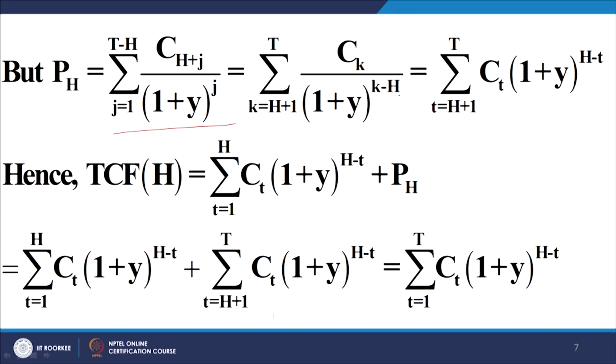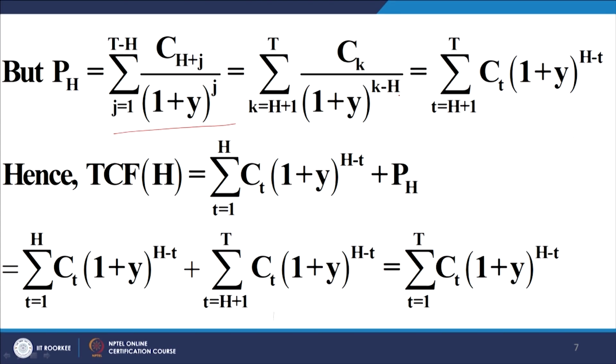I repeat, we have changed k to t, and we have written (1+y) to the power k minus h in the denominator as (1+y) to the power h minus t in the numerator, substituting k equal to t and taking this (1+y) to the power k minus h in the denominator to the numerator.